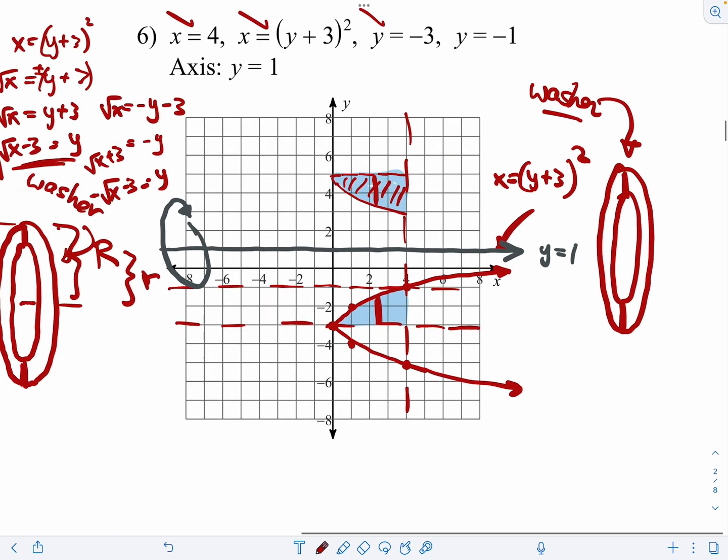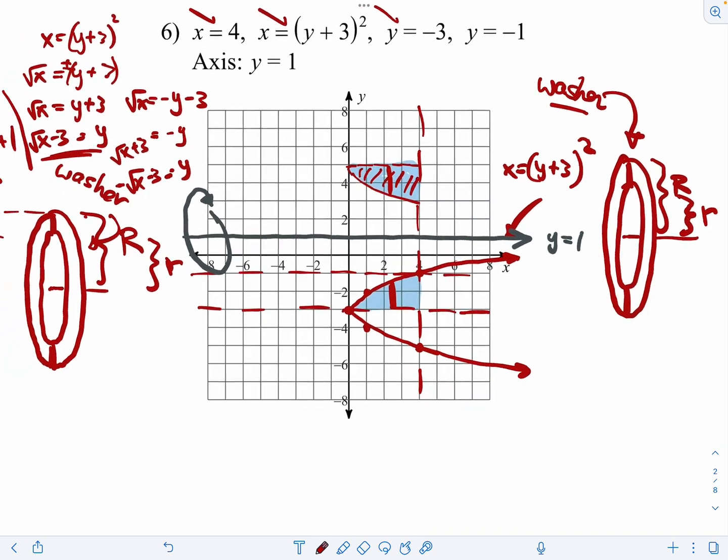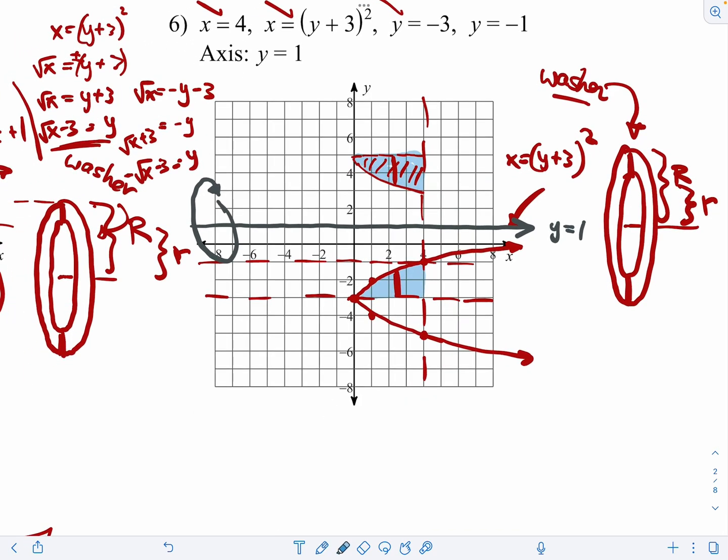And so we've got to analyze, okay, what is the big radius? The one that sweeps out the entire circle. And then what's the small radius? The one that sweeps out the cutout portion. Think of this as a number line, and what is the radius of it?